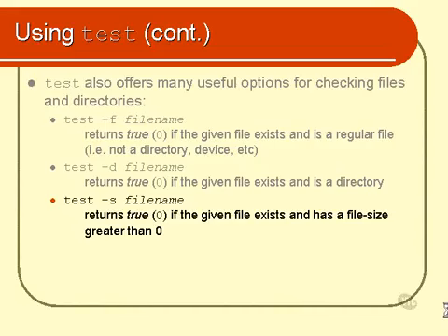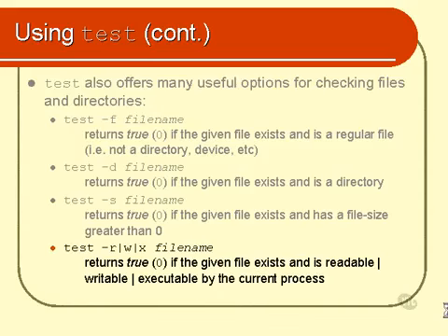We've got test minus S, which will return true if the file exists and has a file size greater than 0. Now it doesn't actually test to see whether it's a regular file or a directory or anything like that, it just tests its size. Directories too can have a size, so bear that in mind.